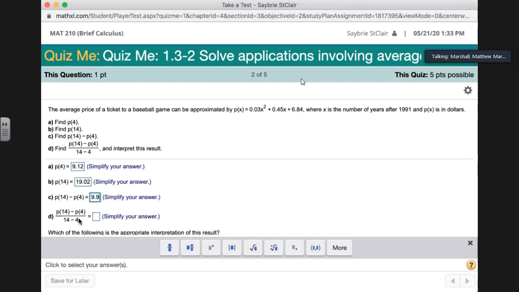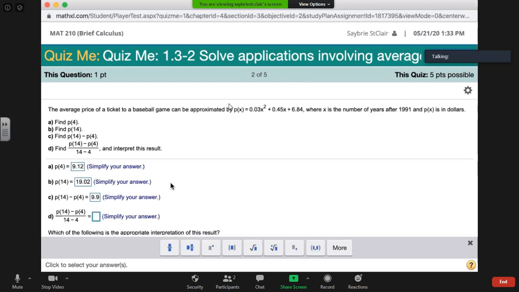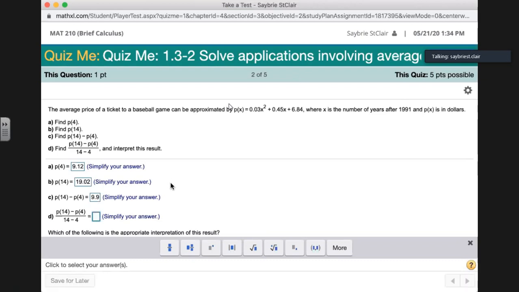And then if you divide 9.9 by 14 minus 4, which is 10, looks like 0.99. By 10.